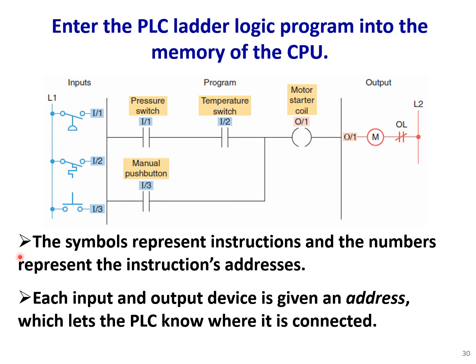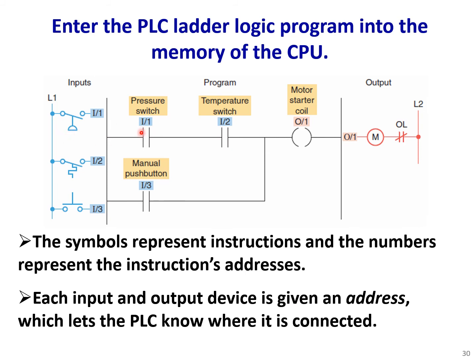The symbols represent instructions and the numbers represent the instruction addresses. Okay? So this is the symbol, this is the number. Okay, each input and output device is given an address which lets the PLC know where it's connected.